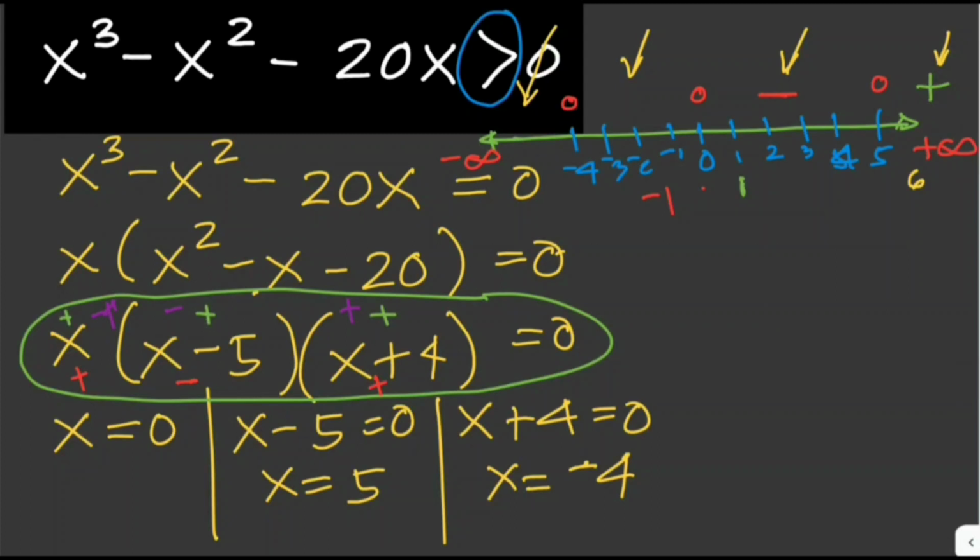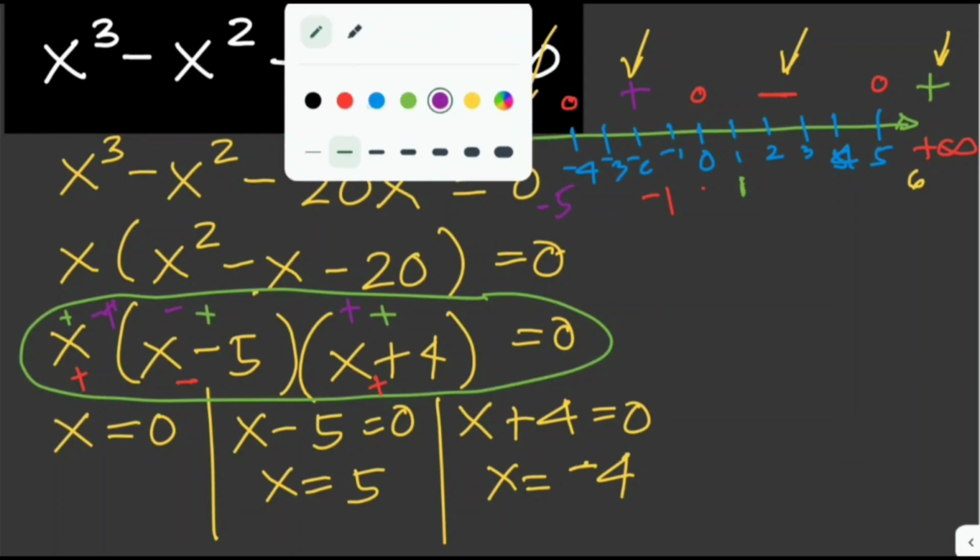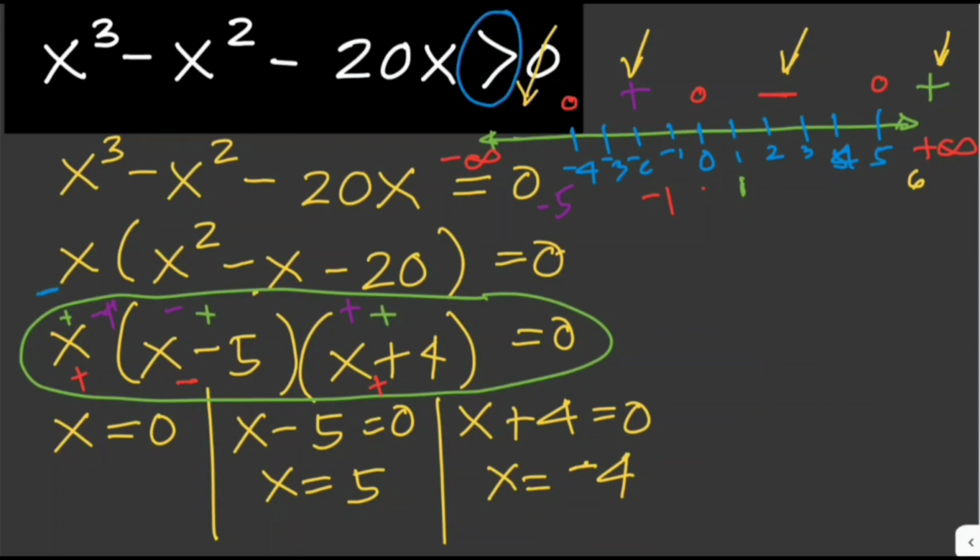Positive times positive is positive. And then we try one point between negative infinity and negative 4. Let's say negative 5. So x is negative, negative 5 minus 5 is negative, negative 5 plus 4 is negative. Negative times negative is positive. Positive times negative is negative.